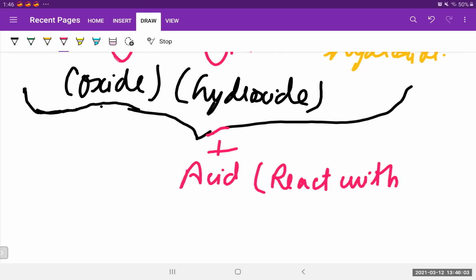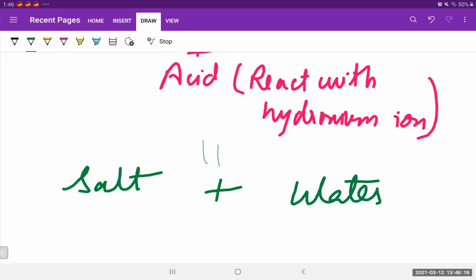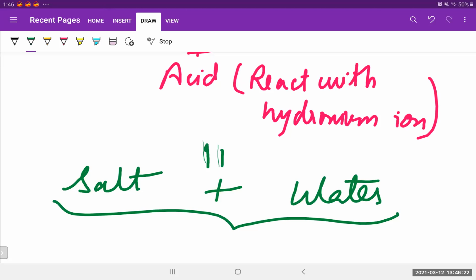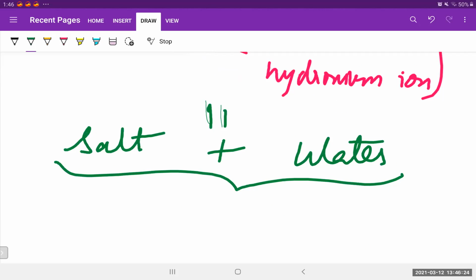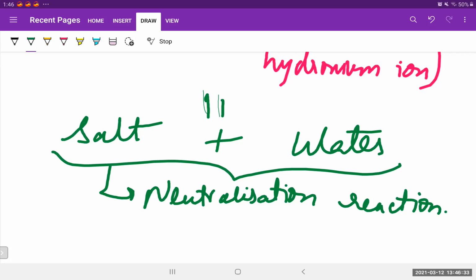So it reacts with the hydronium ion and gives us salt plus water. And this salt and water formation is known as what? Neutralization reaction. Okay, neutralization reaction.